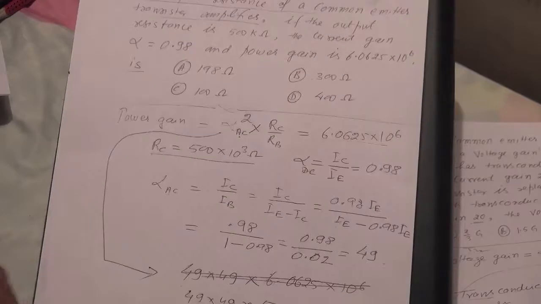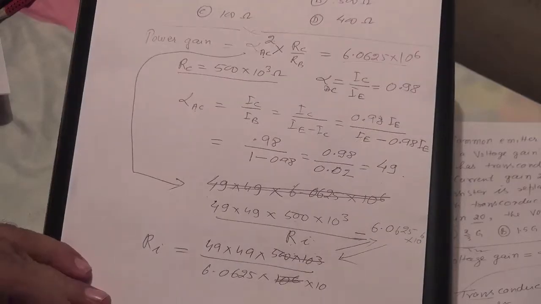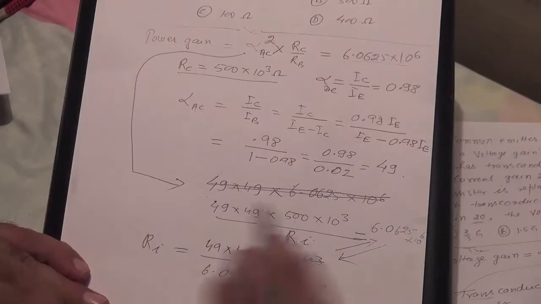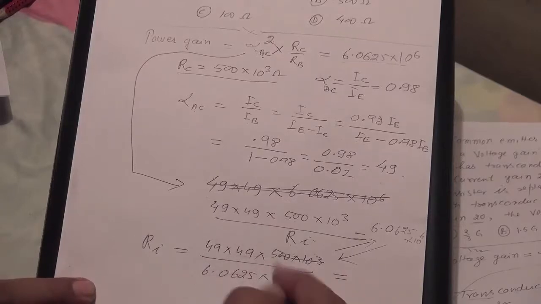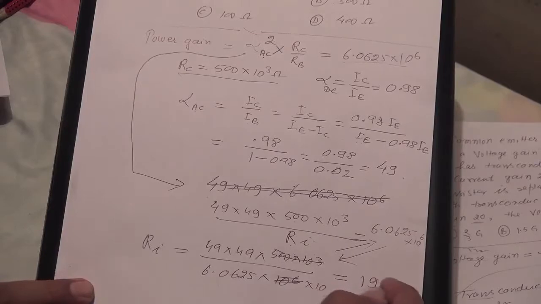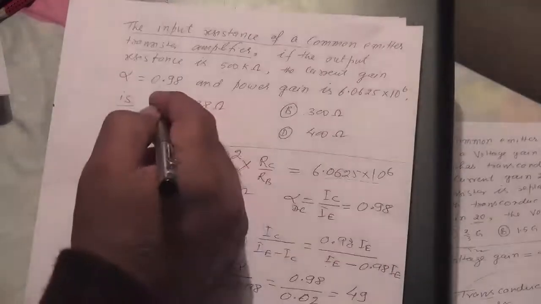So we get 49 into 49 divided by 6.0625 multiplied by 10. And now we solved it. After doing the calculation, you will find it comes to 198.02. So we rounded it to 198 ohm. And we get the answer here. This is the right answer.